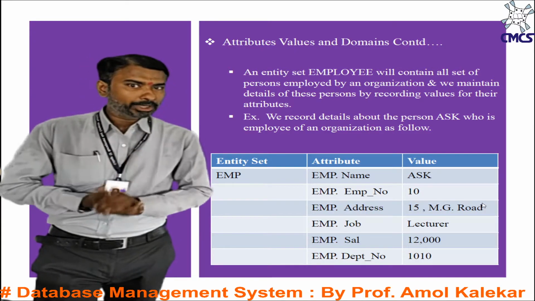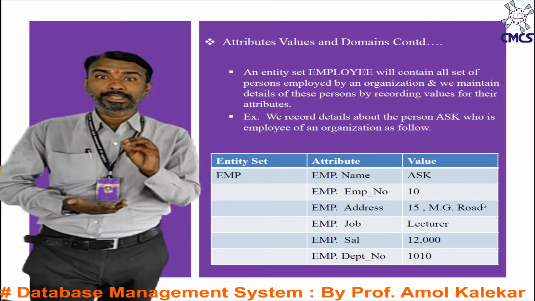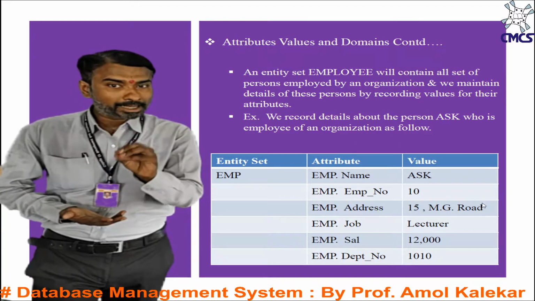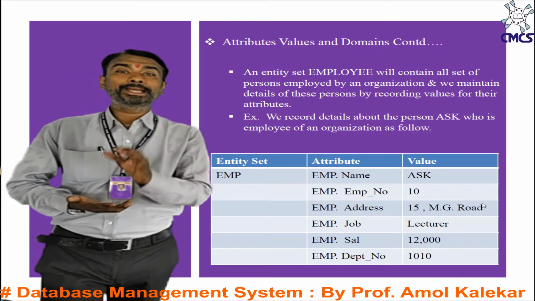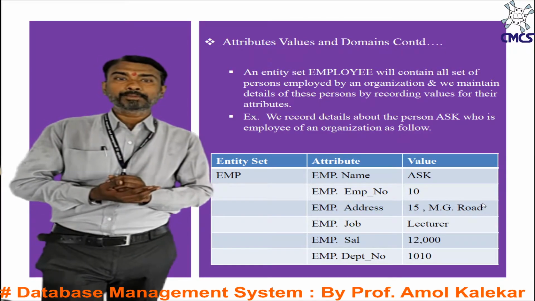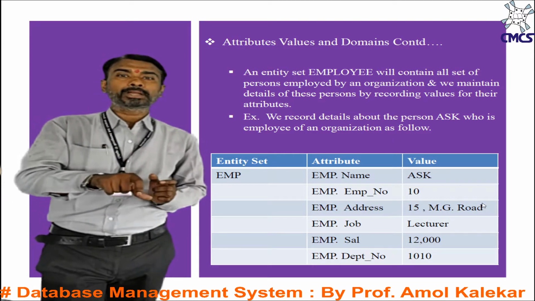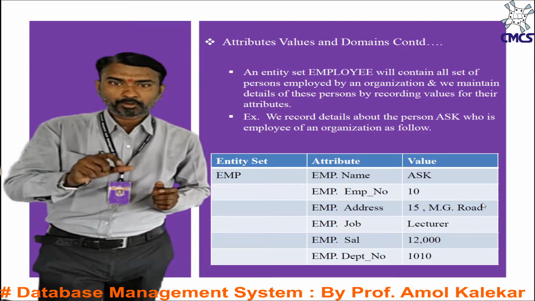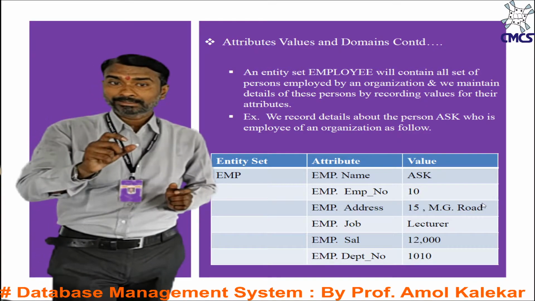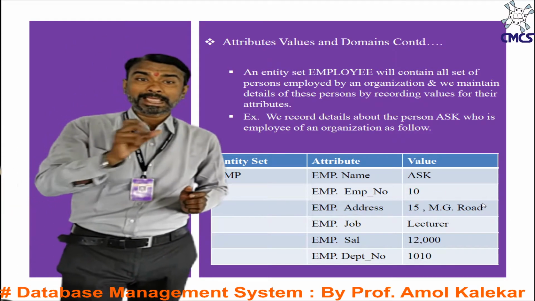Now, the point to be noted here is that we are trying to maintain the values for the entity set employee, again to the attributes, but pertaining to the respective domain. Now, as far as the attribute name is concerned, I am populating the domain compatible value ASK. For the employee number, I have populated the value 10. For the address, I have populated the value 15 MG Road.